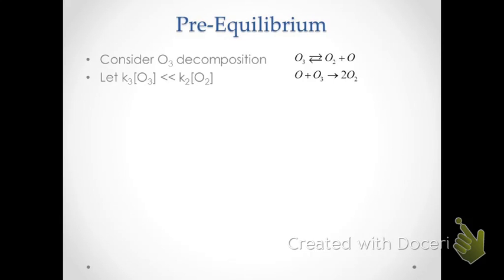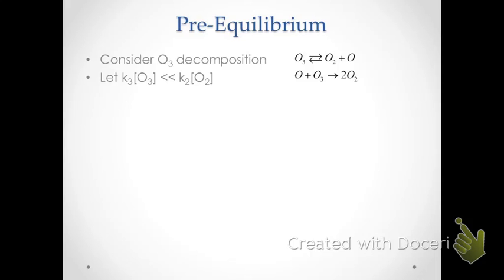All right, so now let's take a look at a situation that we've already examined with regard to steady state, and that's the ozone decomposition process. In that last video where we discussed the steady state approximation, we had this mechanism where we had a reversible step associated with ozone dissociating to O2 and an oxygen atom, and then of course that was reversible.